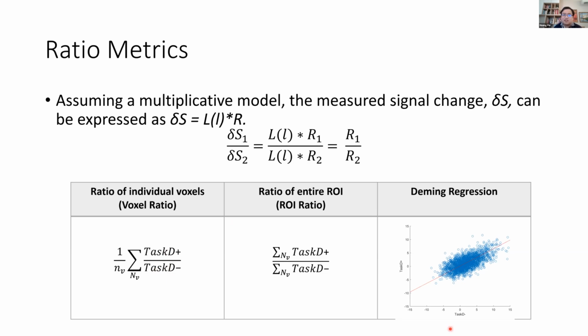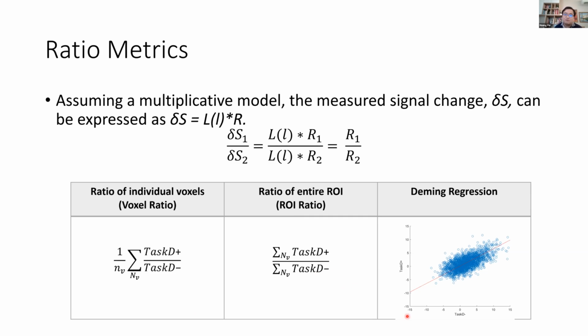One way around this, which is the ROI ratio, is to take a sum or average across all voxels first, and then take the ratio of the two metrics. In this way, you can regularize it to become more controlled, but it comes at a cost because this becomes a univariate metric, and you are discarding potentially important regional pattern information.